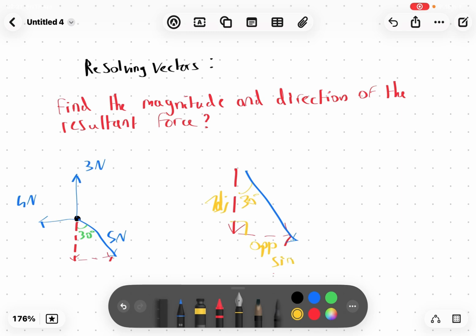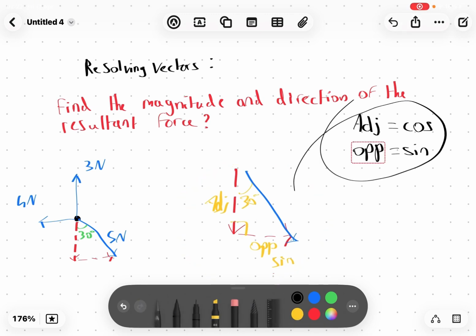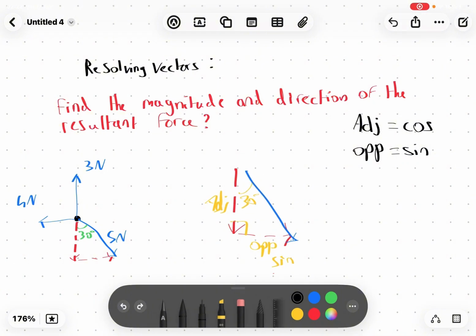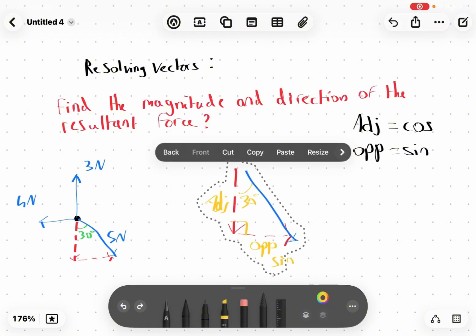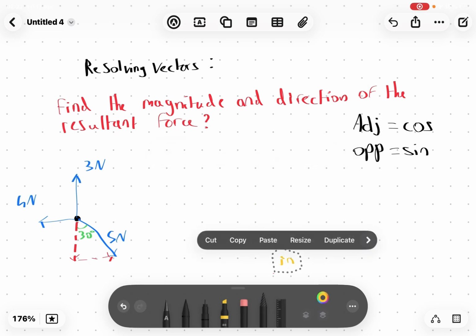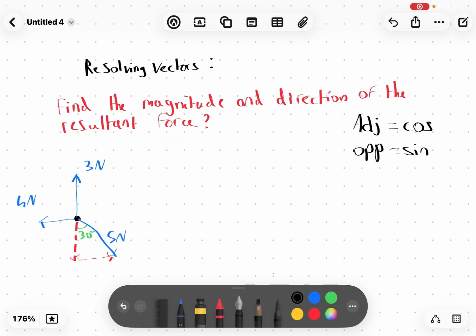Right now the adjacent is here, so this part will be x, though it's actually the vertical. The hypotenuse we don't have to worry about, because that's how you add them, so that's the rule for it. Now, continue on the question.